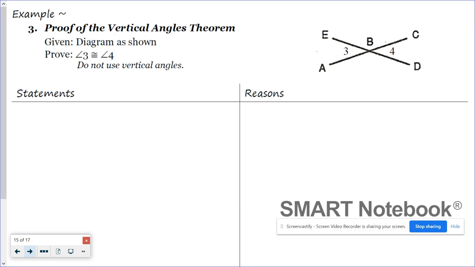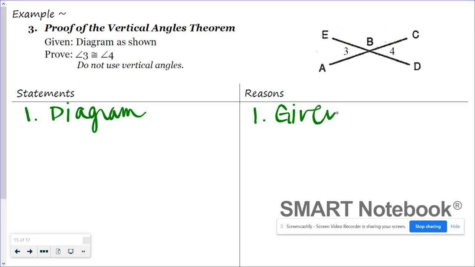Okay, well, all we have been given is the diagram. And since we're not allowed to use vertical angles, what else can we possibly use?